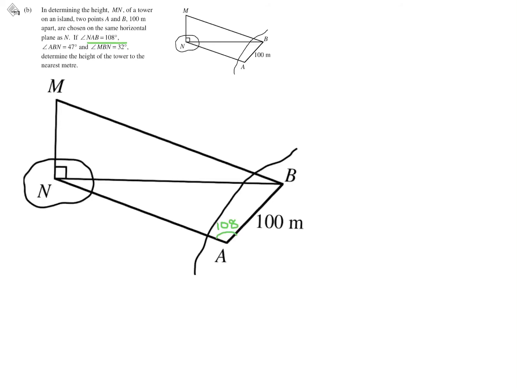ABN is 47, and MBN is 32. Do we know anything else? I don't think so, other than this 100.